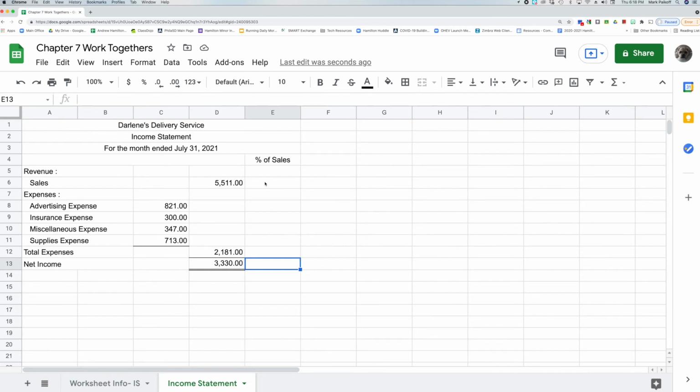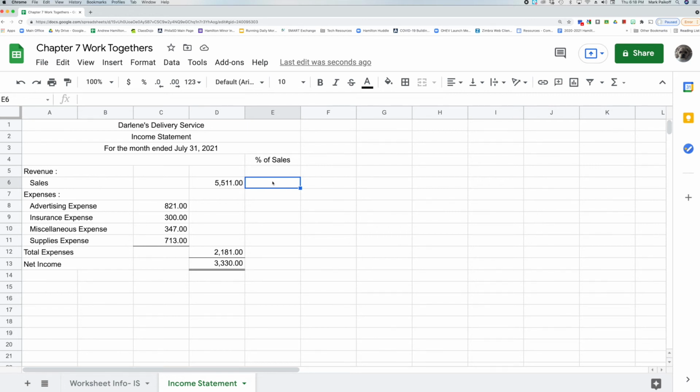Alright, so the next thing that we're going to do is take a look at this new column called percentage of sales. And we are going to be finding what's called a component percentage. And we're going to be focusing on these three numbers right here: sales, total expenses, and net income. And the way that we calculate the percentage of sales is by taking each of these numbers and dividing it by sales.